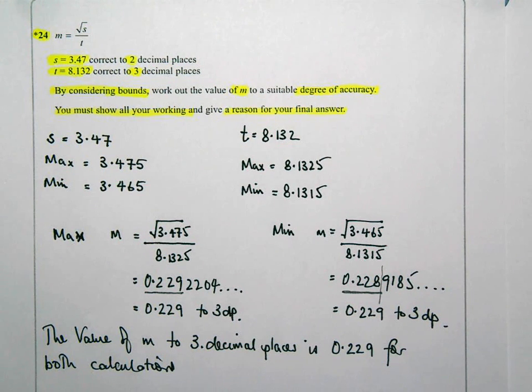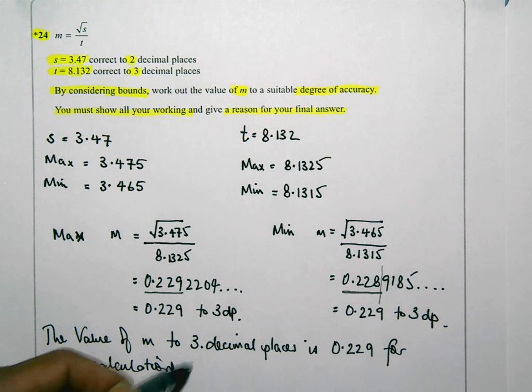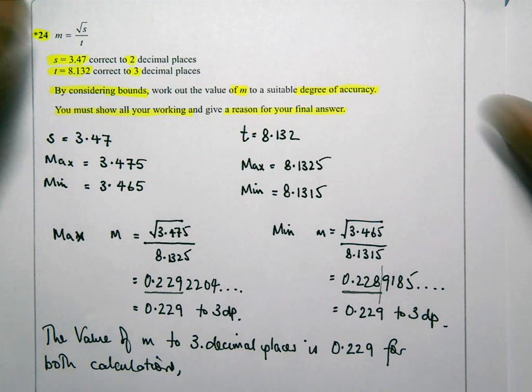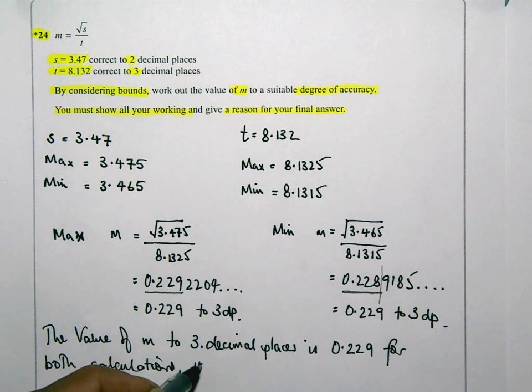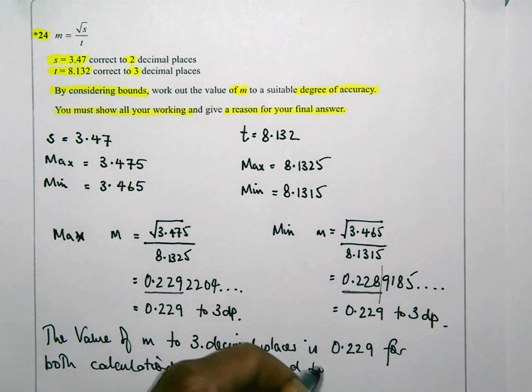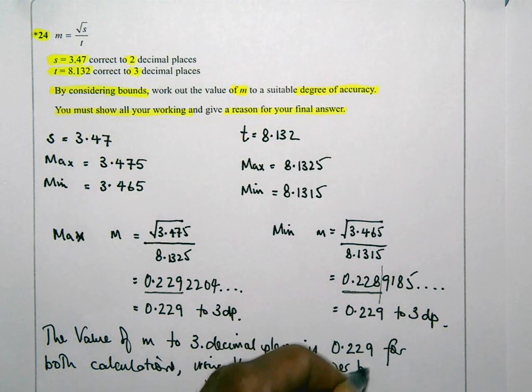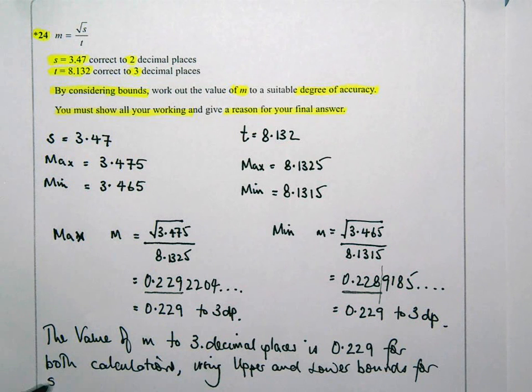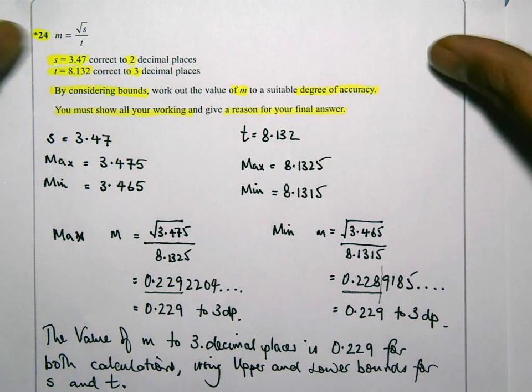So both calculations, I'll put a bit extra in there just to say using upper and lower bounds for S and T. Okay, so that last bit, that's just a bit extra.